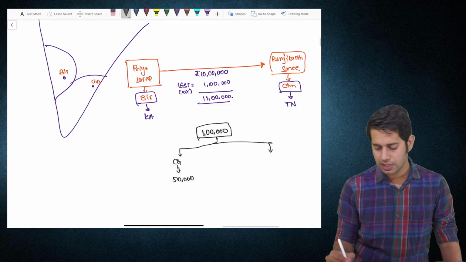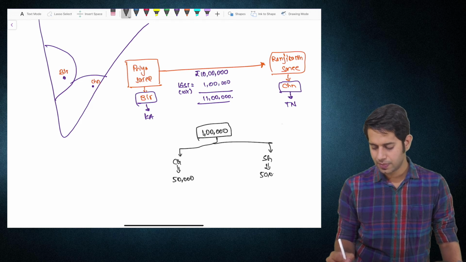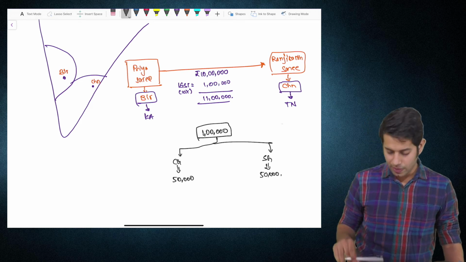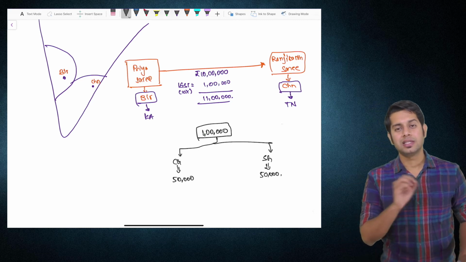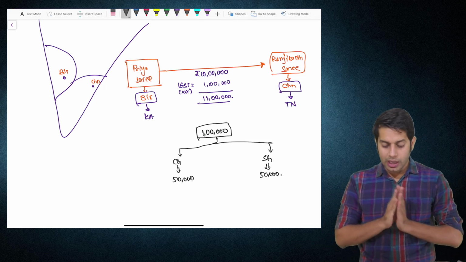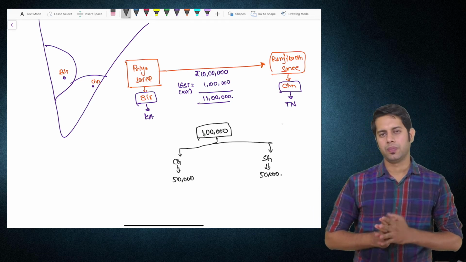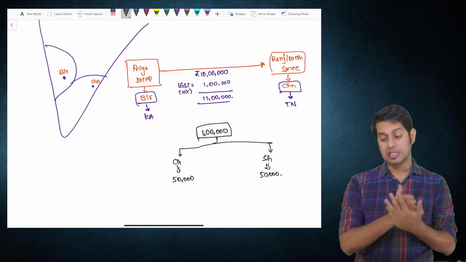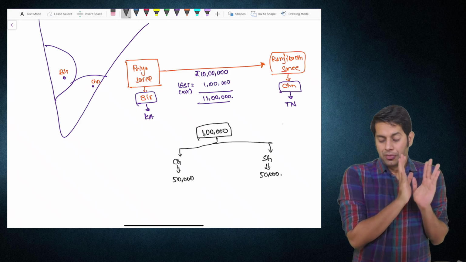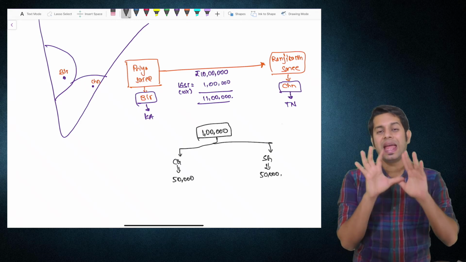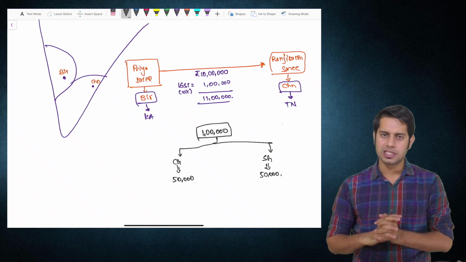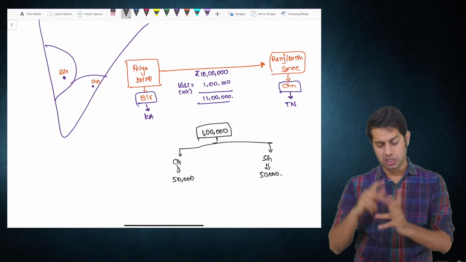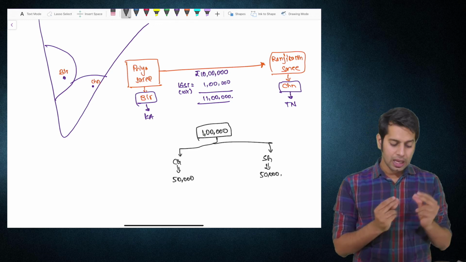But my question is, which state government is going to take the other 50,000, the SGST component of IGST? Think.